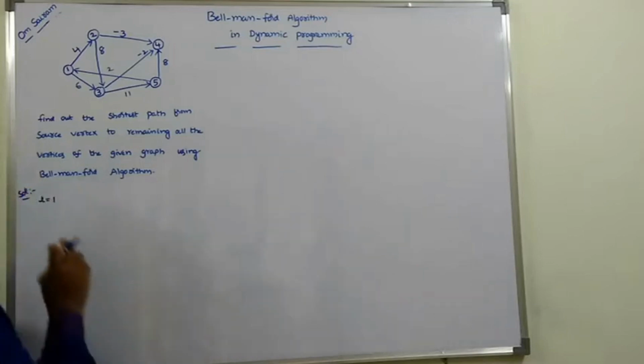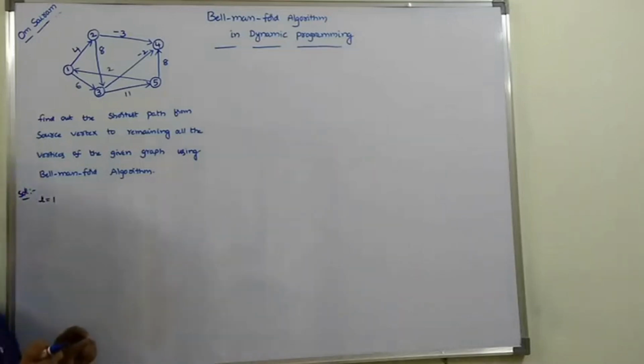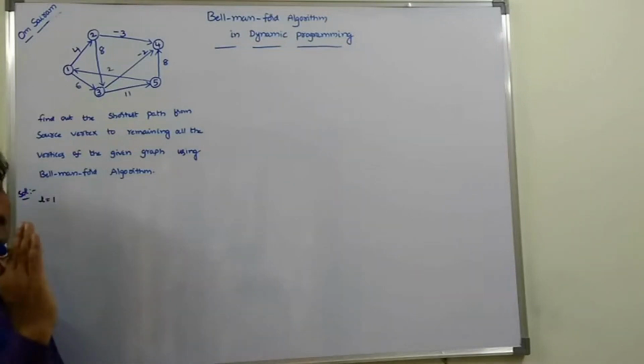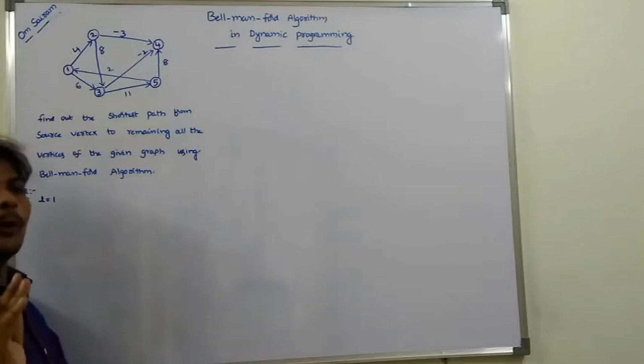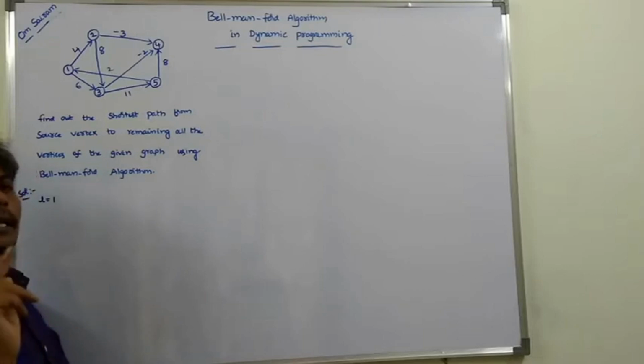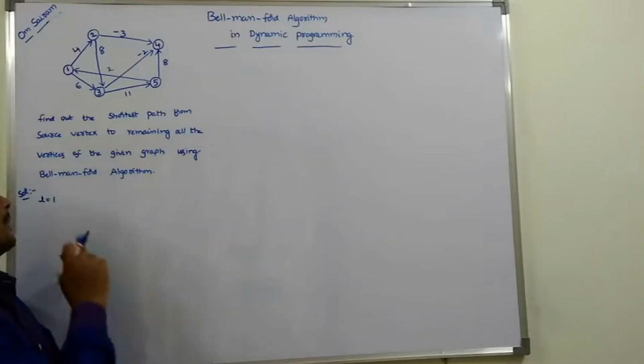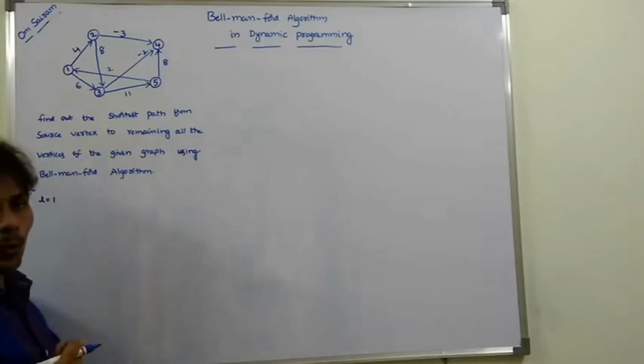Suppose L is equal to 1, it is the shortest distance from the source vertex to destination vertex U with the constraint that it contains only L number of edges. So here L is equal to 1.